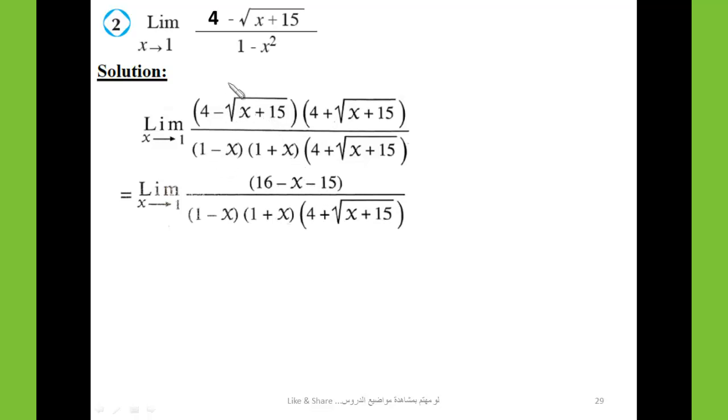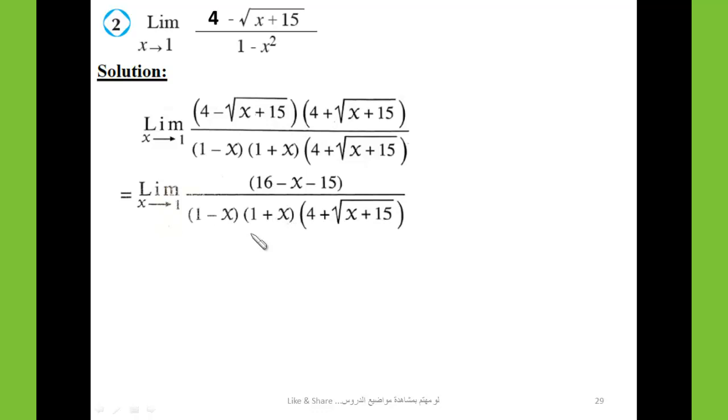And we factorize the denominator, 1 minus x squared, here it will be 1 minus x multiply 1 plus x, and we write here again this conjugate, 4 plus root x plus 15. Again, when you substitute x equals 1, you will get 0 over 0.